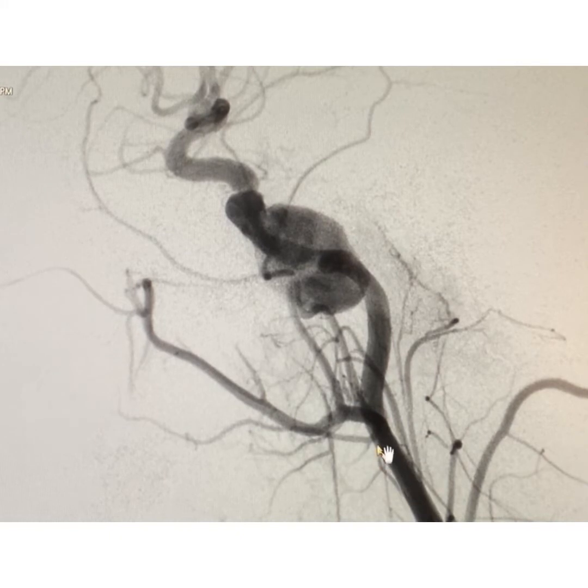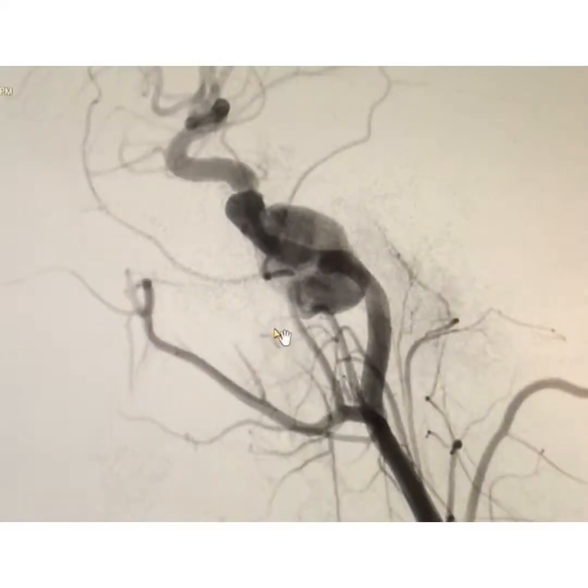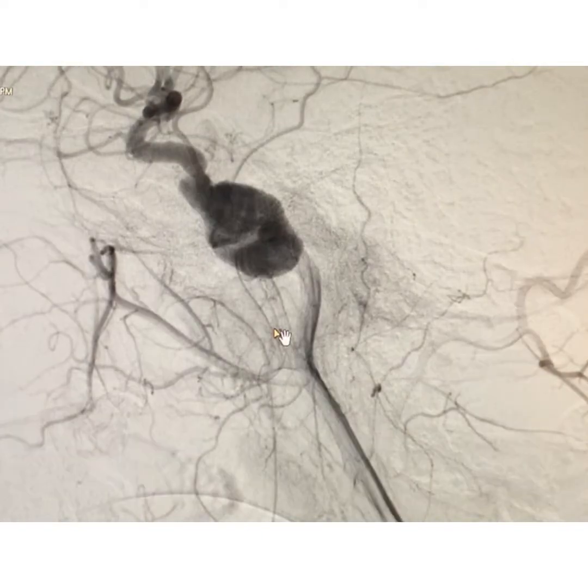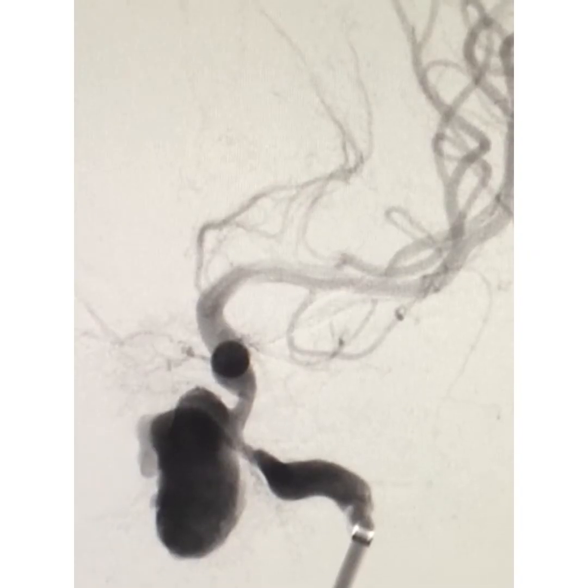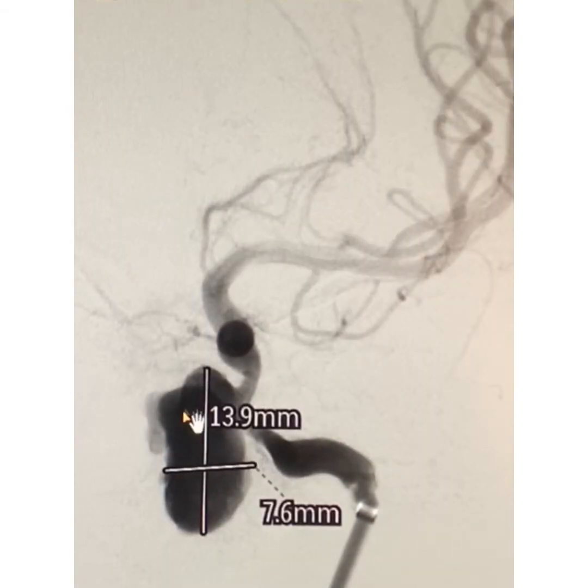This is the cervical portion of the ICA, this is the petrous, and this is the cavernous portion. The aneurysm originates from over here, and it is quite a large and significant aneurysm. This is measuring about 13.9 millimeter by 7.6 millimeter in the two largest dimensions.